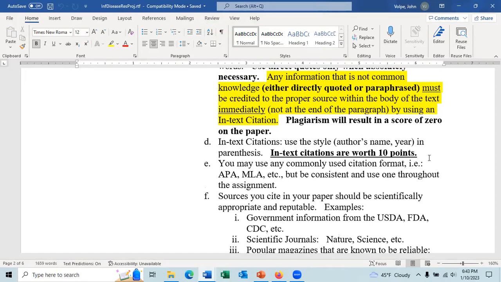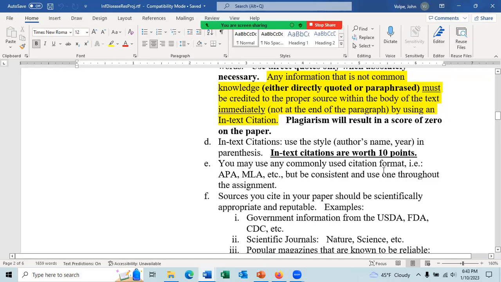If it's 2 authors, it'll be the 2 authors' last names, like Smith and Jones, 2010, and then parentheses. If it's 3 authors or more, you say the first author's last name, Smith, et al., comma, and then the year. That's how you do an in-text citation.